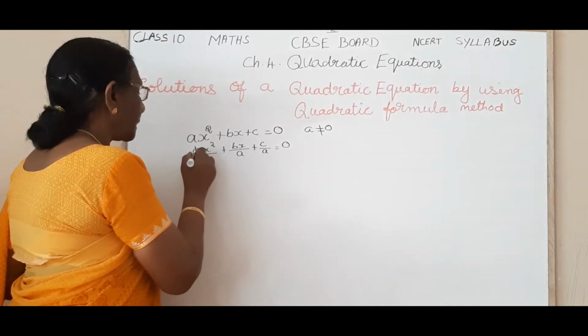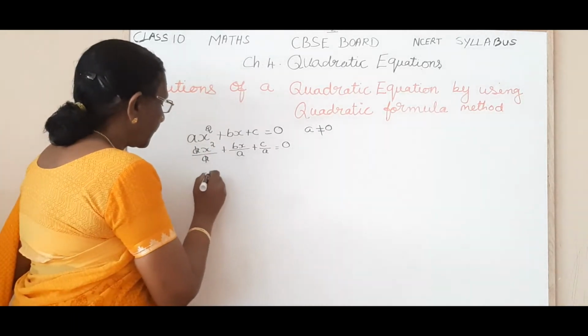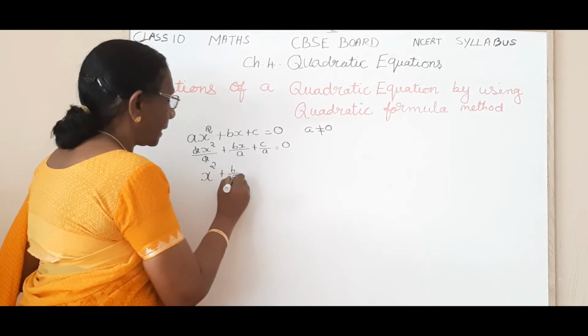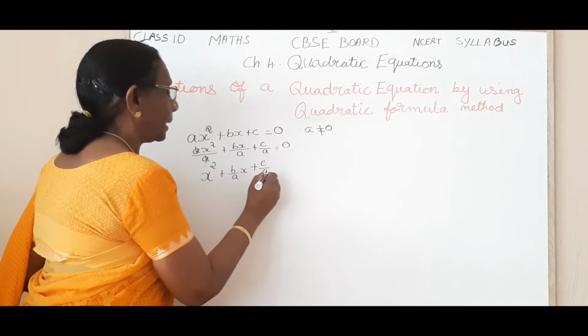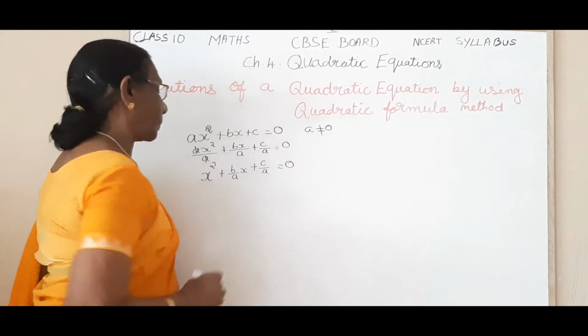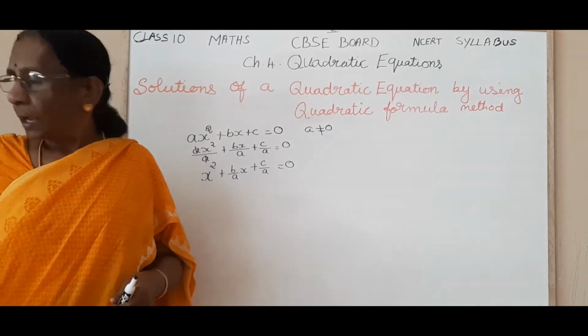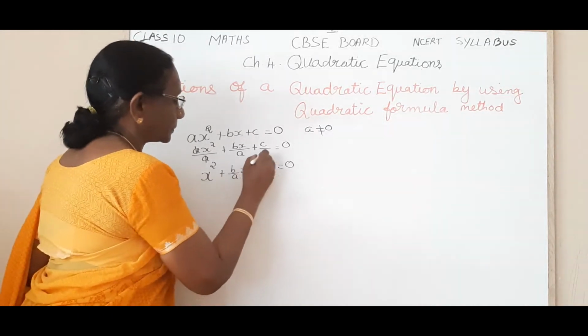Here a and a will get cancelled, isn't it? So what do we get? x square plus b by a x plus c by a is equal to 0. Okay, now this constant term, let us bring it to the right hand side.